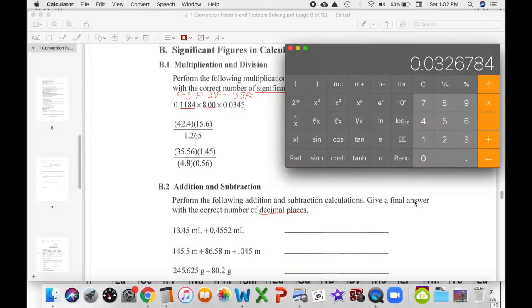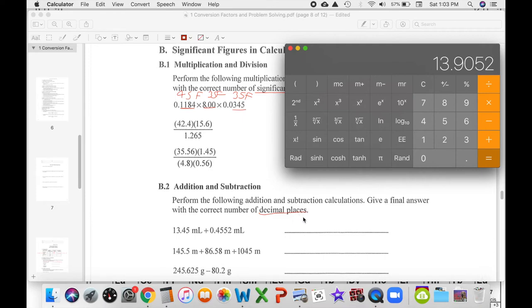If we take 13.45 and add 0.4552 to that, we would get a total volume of 13.9052, which is great, but we don't need to write all of those decimal places. Your answer can only be as precise as the least precise of your measurements in the calculation. Now, when it comes to addition, though, we want to look at the number of decimal places.